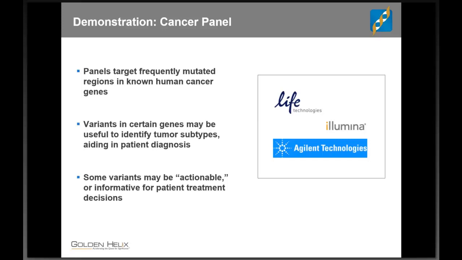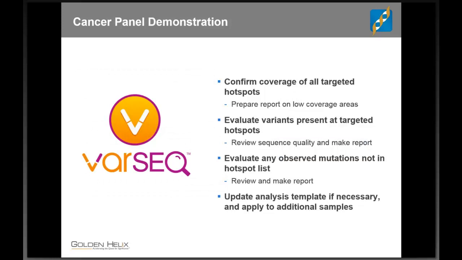And typically, you'll find that analysis workflows for these sorts of gene panels tend to be somewhat repetitive. And that's one of the great things about VarSeq: it's designed to enable repetitive workflows and to take out some of the human error that might be associated with more complicated workflows that involve lots of clicking, lots of decision making.